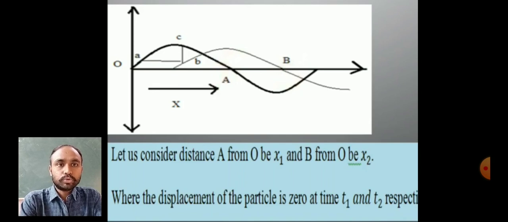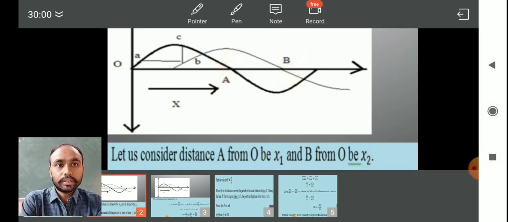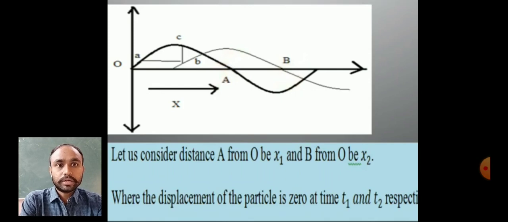Now the particle comes to point A. When the particle comes to capital A, I am saying capital A, then the displacement becomes 0. That's what the last line says, the particle displacement at t1 and t2.